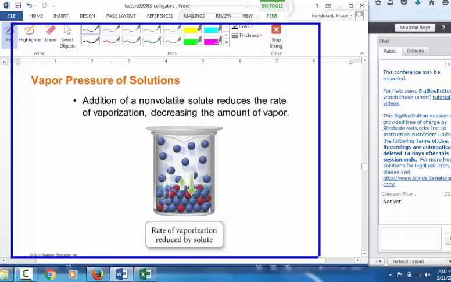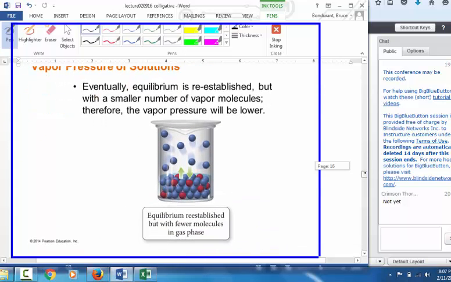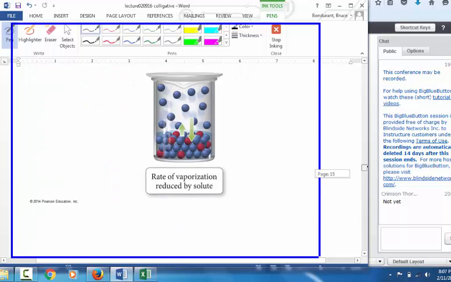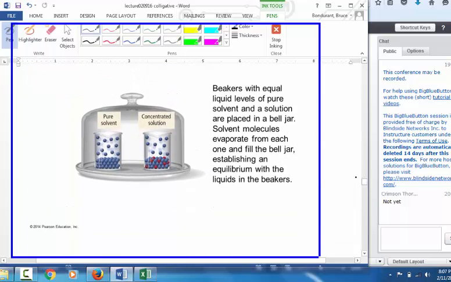But as soon as you reduce the amount of the liquid phase, you're reducing the amount of molecules available to make vapor, so you reduce that arrow, but the other arrow stays the same. And eventually the two arrows match when you get less vapor, and that of course translates into a lower vapor pressure.